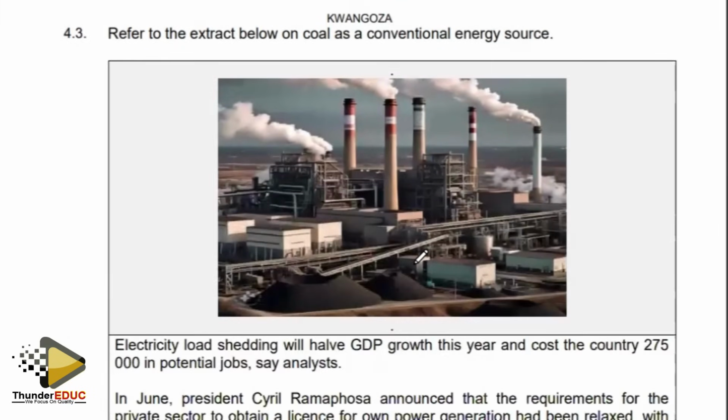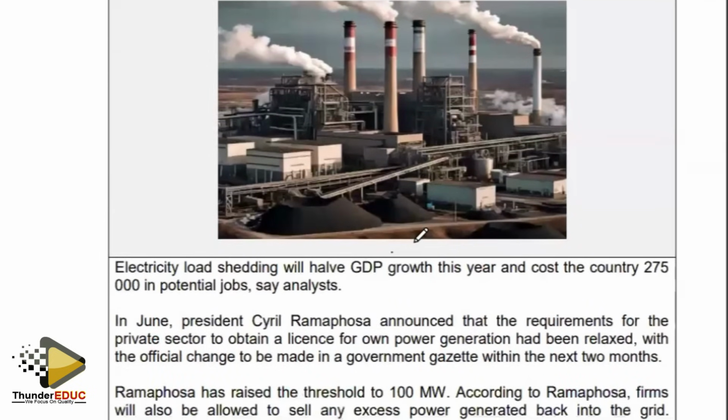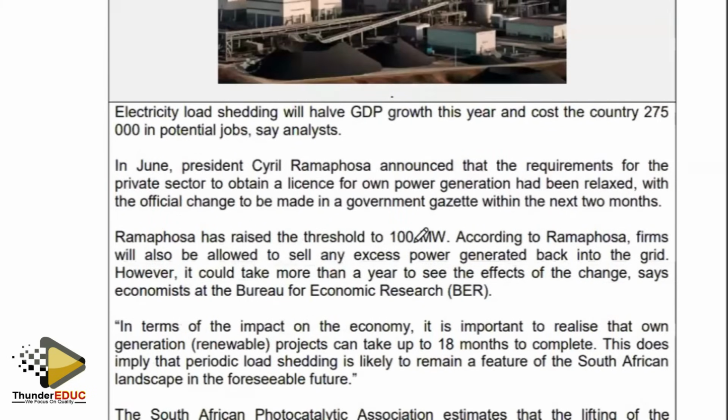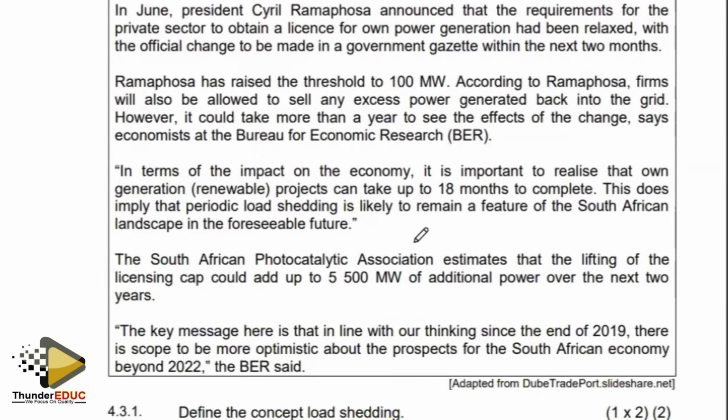So let's go to question 4.3. Refer to the extract below on coal as a conventional energy source. Here we have the source: electricity, load shedding, GDP growth this year and the cost to the country, potential jobs, says the analysis.